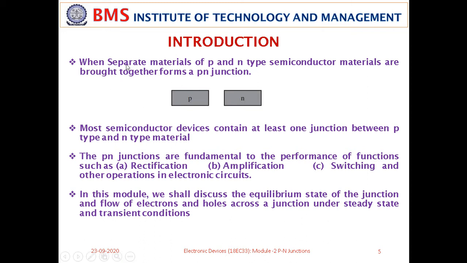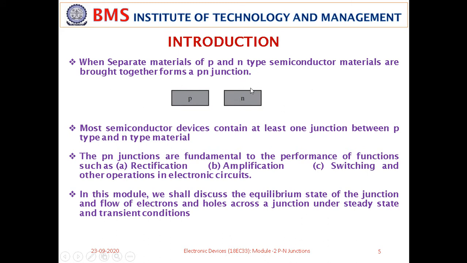Now let us come back to this. How do you make these sorts of materials, PN junctions? The general theory says that separate P and N type semiconductor materials can be taken, and if you bring them together, that forms a PN junction.